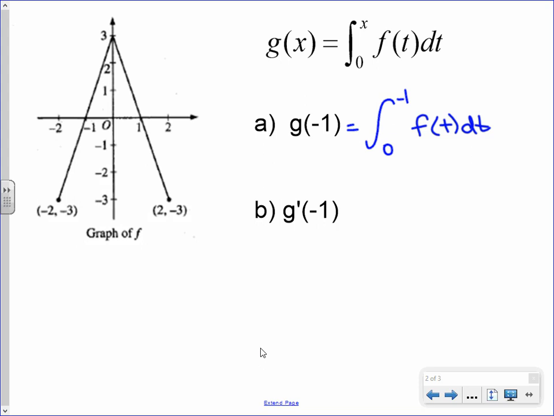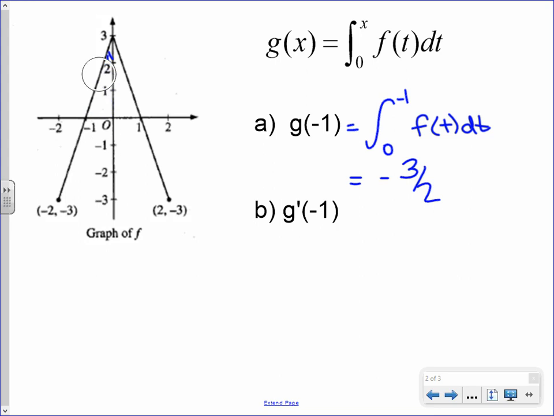So it's going to be the opposite of whatever we find. So what is the area from, let's say, negative 1 to 0? Okay, so if we went from negative 1 to 0, it's above the x-axis, it would be a positive 3/2. But since we're going backwards, we have to negate it. So this would be a negative 3/2.